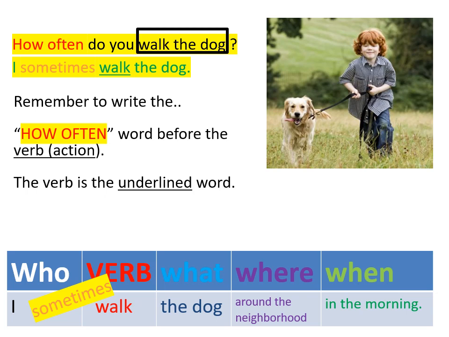In the sentences, we have underlined the action. So for example, walk is the action for walk the dog. If you look here at the bottom, you see the how often word sometimes coming before the verb walk.